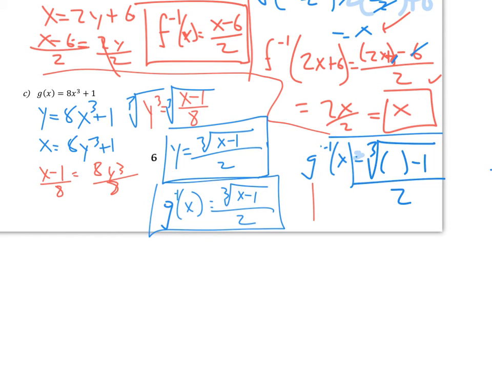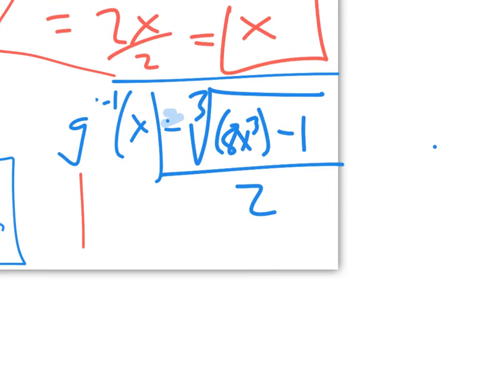And so if we put in 8x cubed plus 1 goes in there. All right. And we clean this up, we get, well, you can see plus 1 minus 1, those are going to go away.